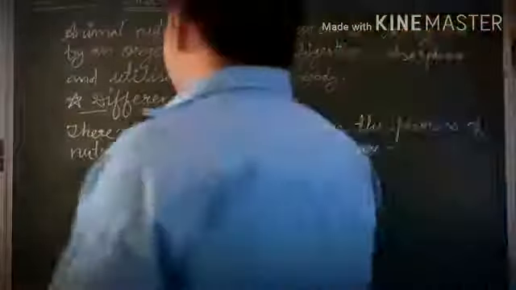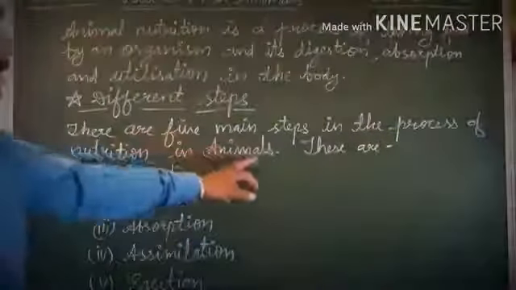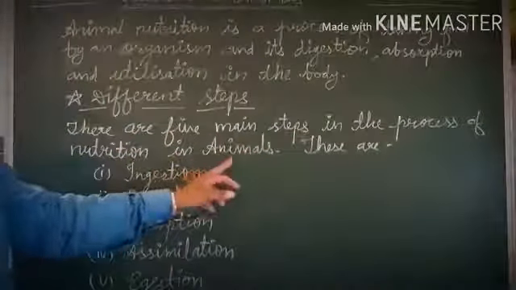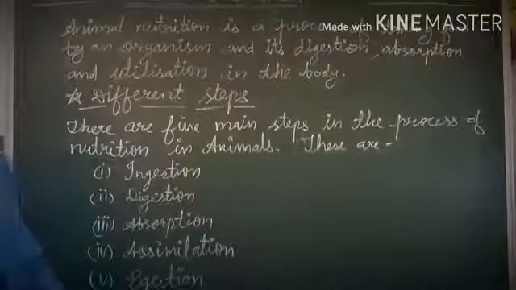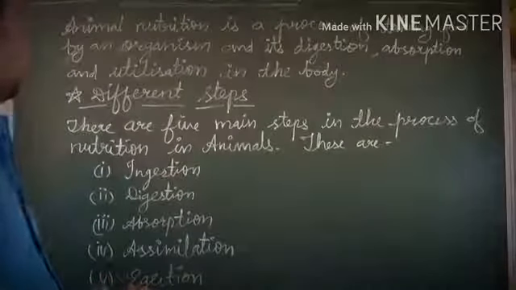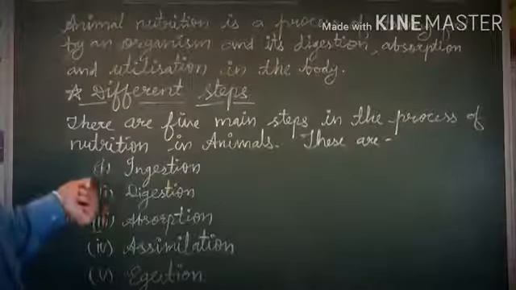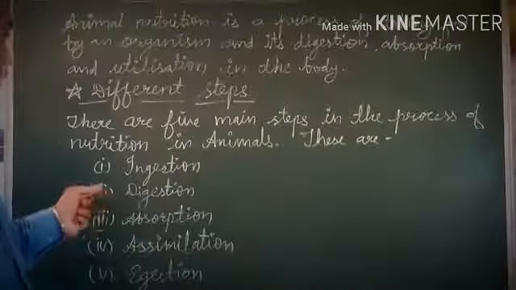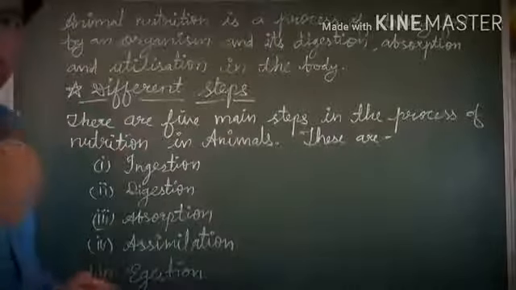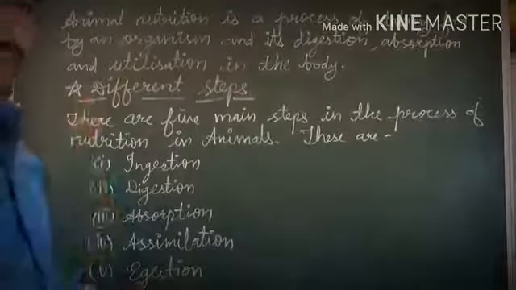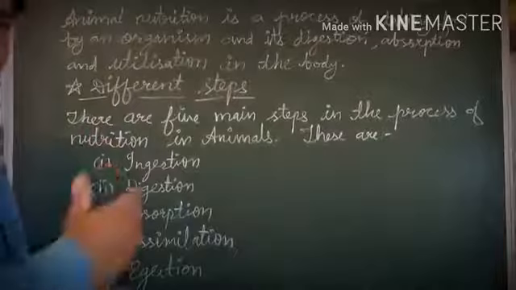So my dear students, there are 5 main steps in the process of nutrition in animals. These are, first, ingestion. Ingestion means taking of food. We will learn these 5 things in detail.